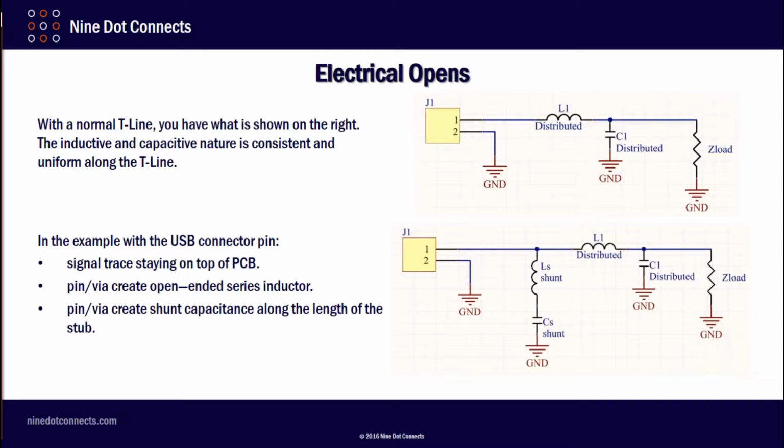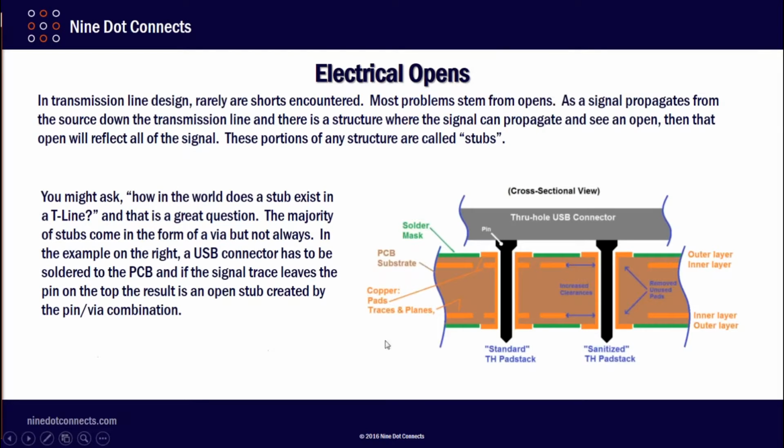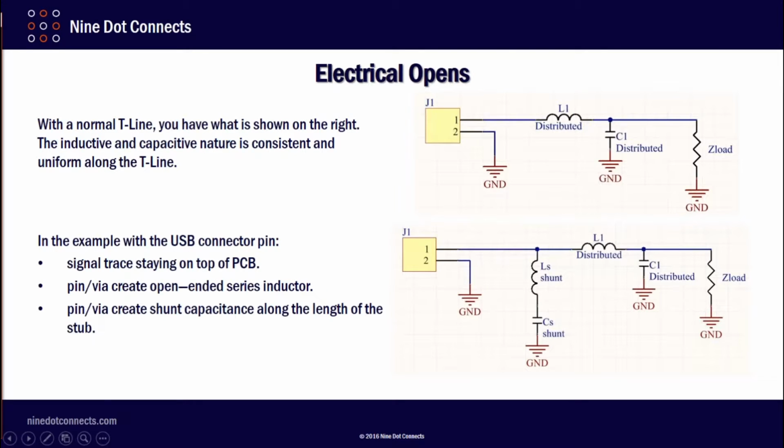Because if you remember, as this via exists in here, there are going to be ground areas here that want to create a reference plane to the voltage that's trying to be created on the walls of the via. That is your shunt capacitance. The resulting equivalent impedance causes a resonance to show up in S21.